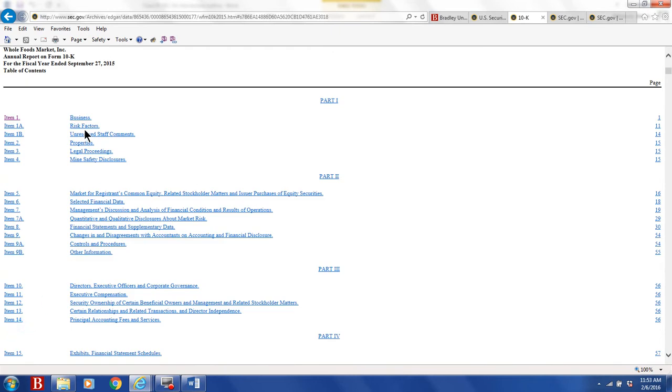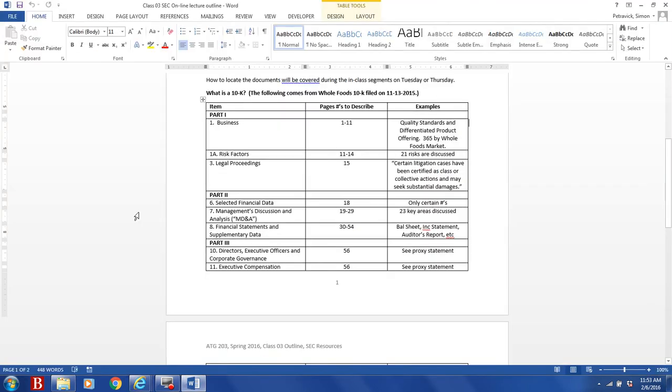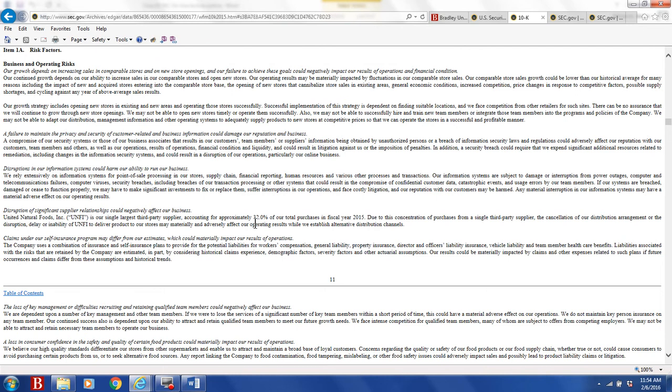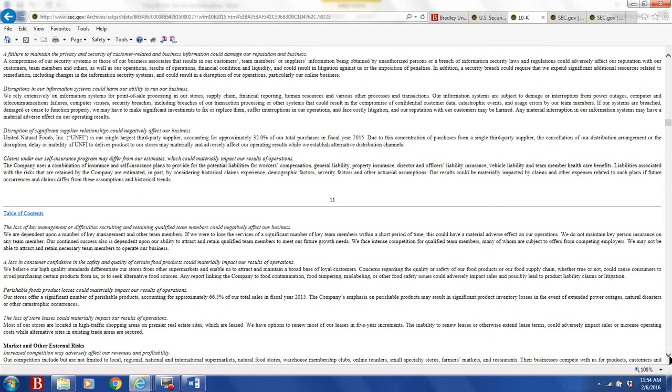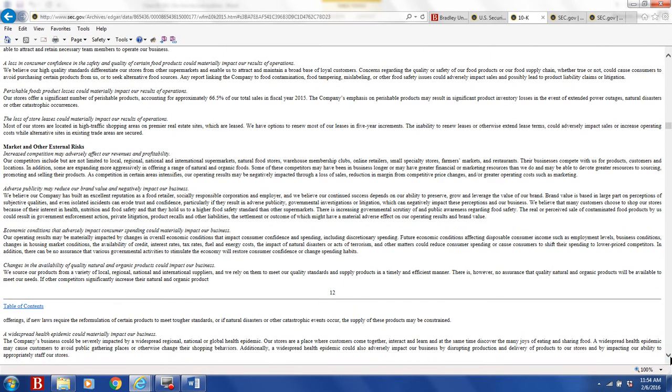If I go to risk factors, this is a list of issues that could affect the operation of the company. From the table of contents, we can see that there were 21 risk factors disclosed. It took them about 3 pages to describe that. Some of them are common to a lot of 10Ks.